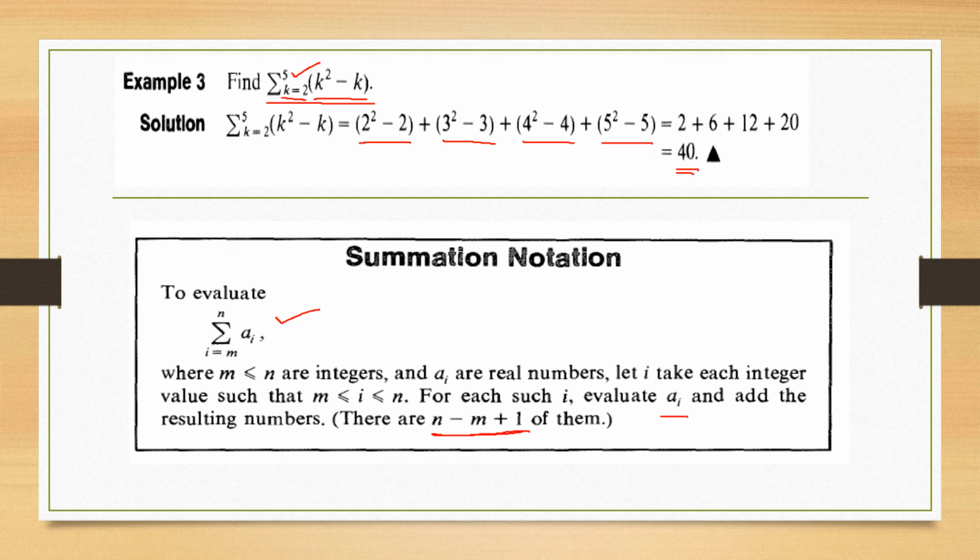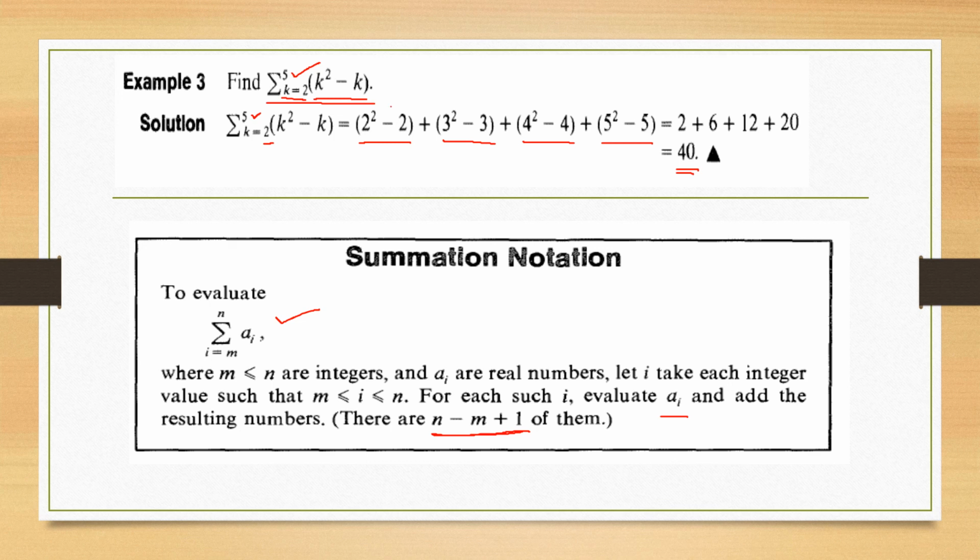You can see the above example. k varies from 2 to 5, and here 2 is m and 5 is n. Number of terms n minus m plus 1 means there should be 5 minus 2 plus 1, which is 4 terms.